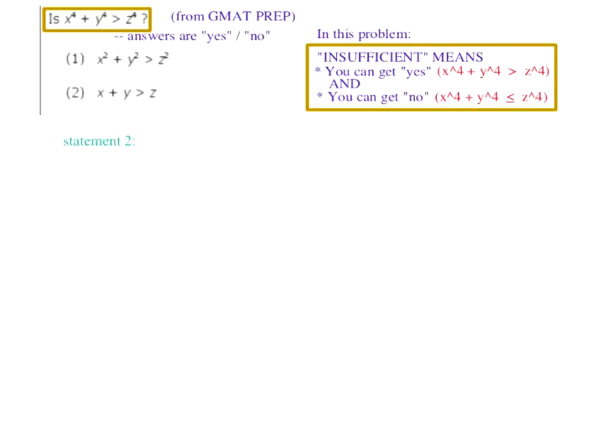So we're still going to try the same sort of thing. Let's pick x, let's pick y, let's pick z. Again, we have conditions that we have to satisfy here. In particular, we have to make x plus y greater than z. Actually, this is x squared and y squared and z squared.